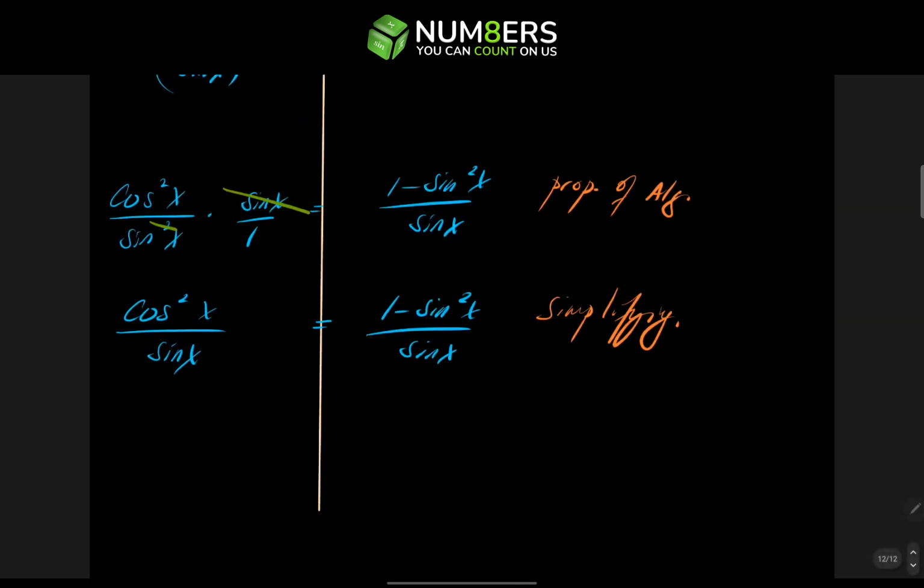And then cosine squared x, using the Pythagorean identity, is just equal to 1 minus sine squared x. So we write 1 minus sine squared x over sine x is equal to 1 minus sine squared x over sine x. And here we use the Pythagorean identity.